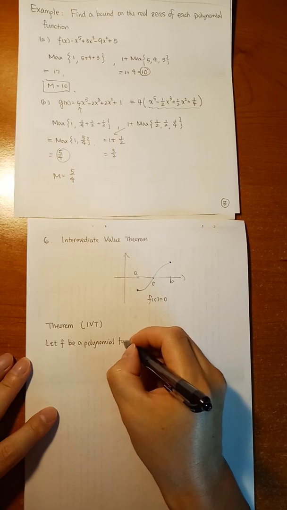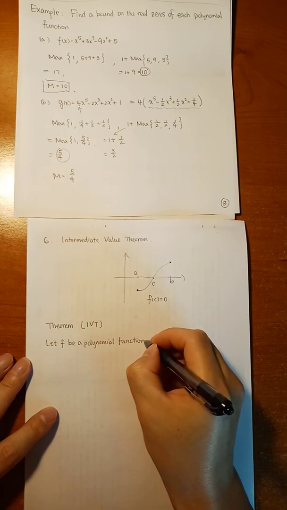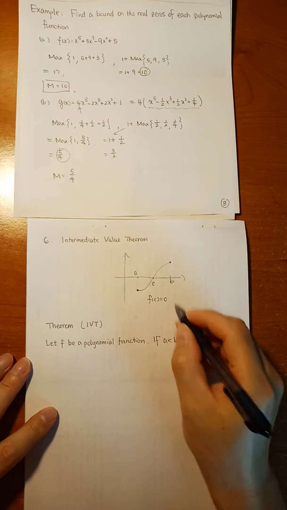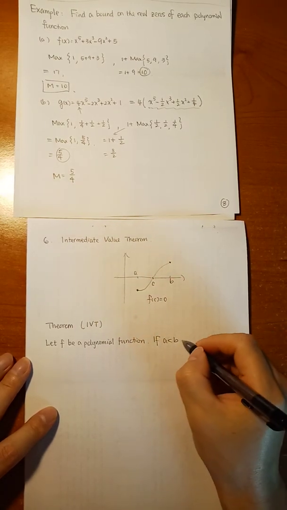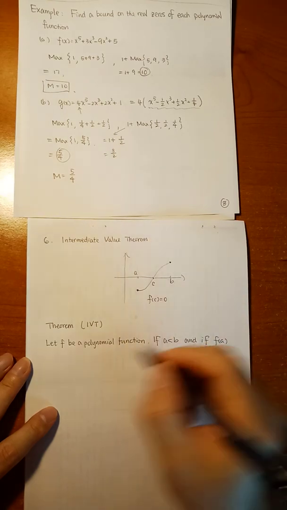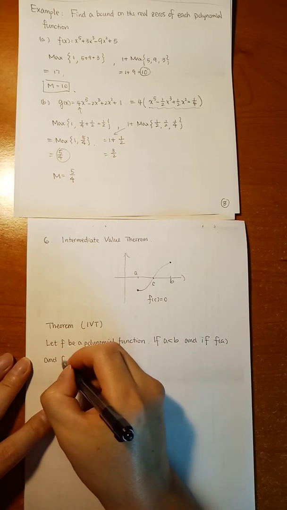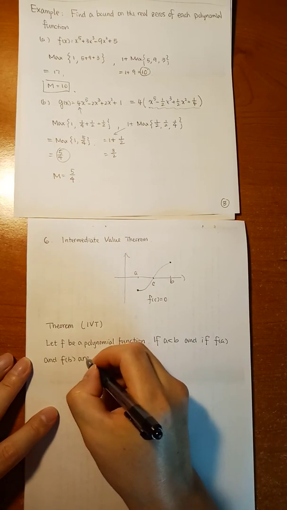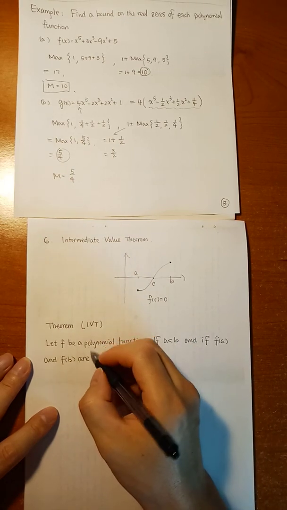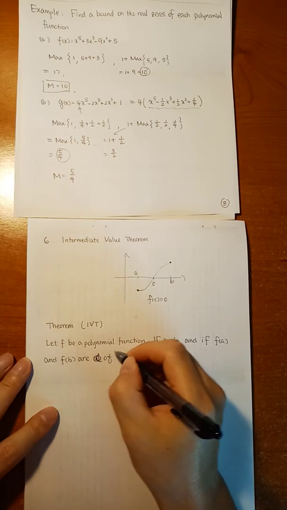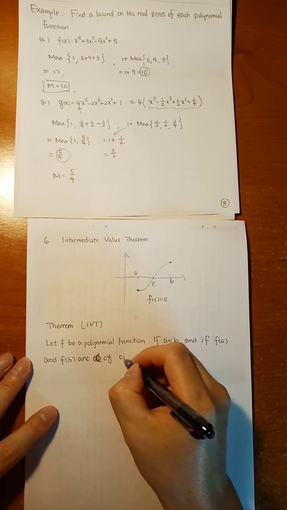Okay, so let f be a polynomial function. If a is less than b, so you have a domain, and if f(a) and f(b) are of opposite signs.